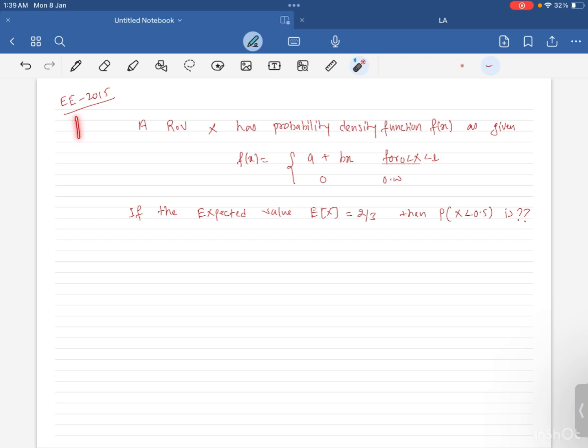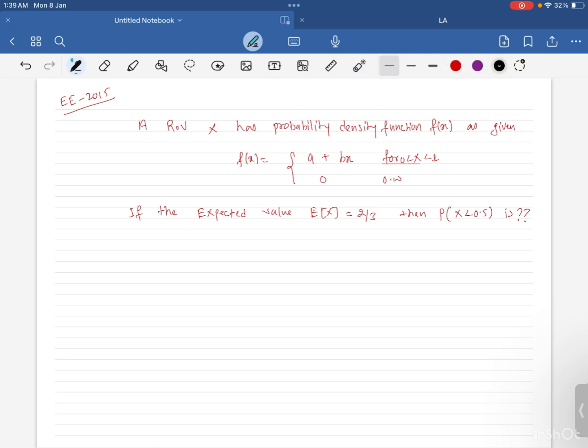So this question is from EE 2015. A random variable x has probability density function f(x) as given. So x is from 0 to 1, a plus bx, and otherwise it is 0. And we are given this expected value, then we have to find the probability that random variable x is less than 0.5.